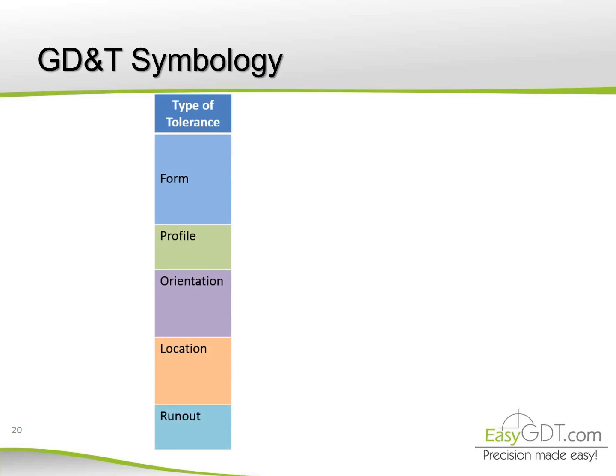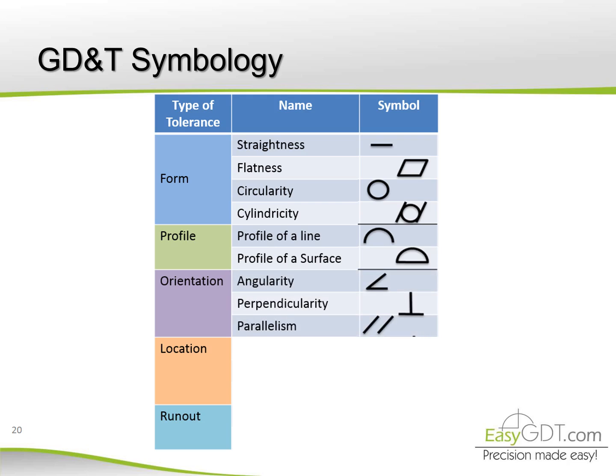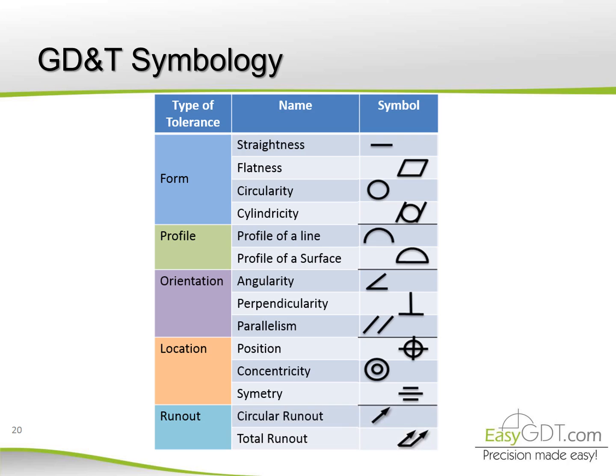So first, we have the form tolerances: straightness, flatness, circularity, and cylindricity.